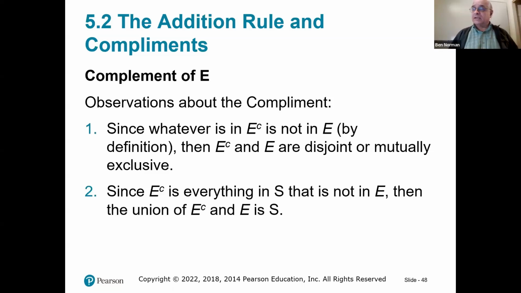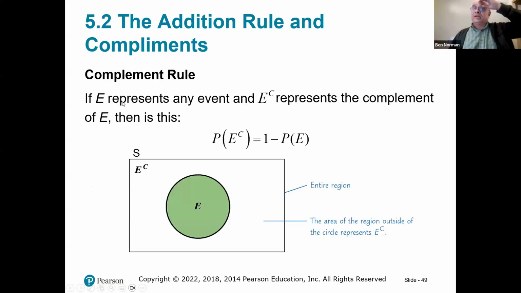Also, since EC is everything in S that is not in E, the union of EC and E is S. By definition, EC is everything in S that is not in E. When we add E back into the picture, we now have S reconstructed.